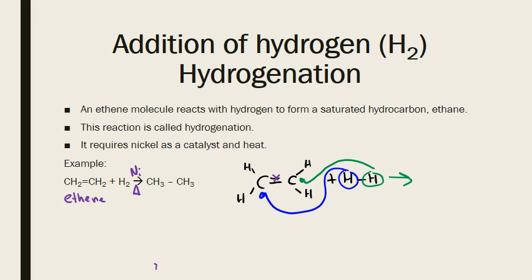This will give us CH2 here with the addition of the new H, and then we've got this CH2 here with the addition of another H. So what we'll have effectively is an ethene going to an ethane.